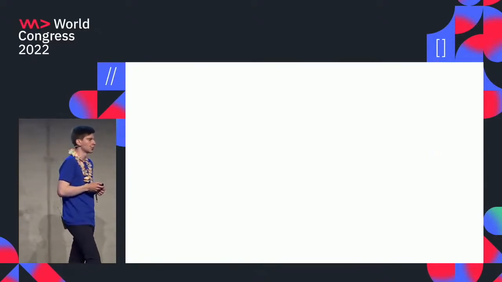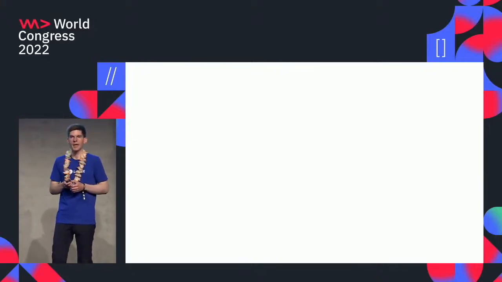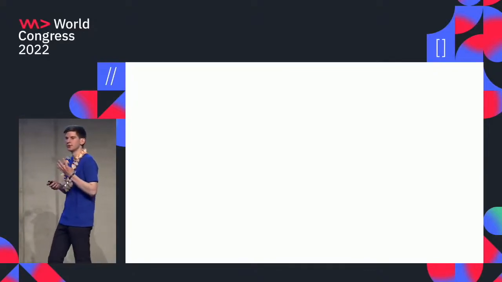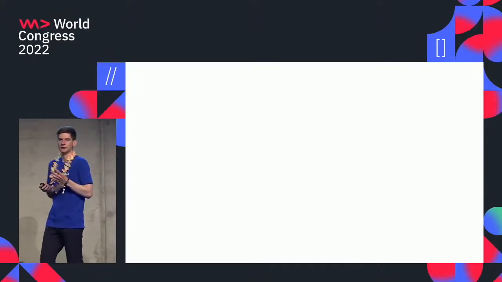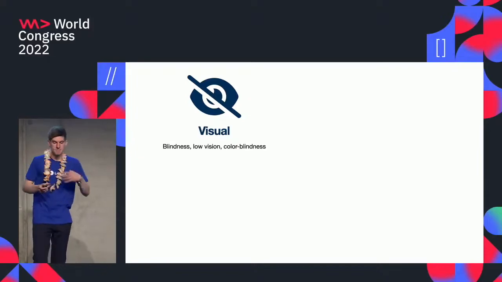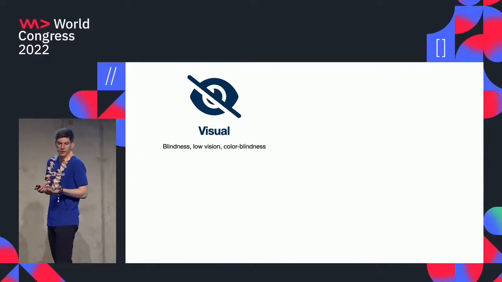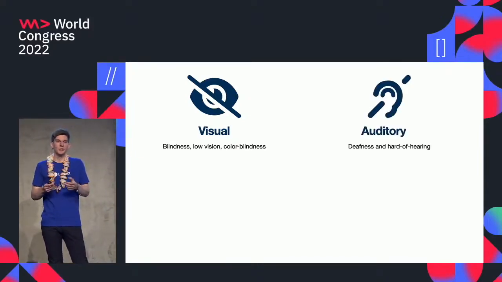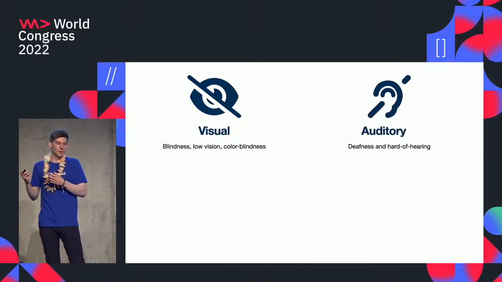There's a nonprofit organization that focuses on web accessibility. It's called WebAIM, and they differentiate four categories of disabilities. There's visual disabilities, like low vision, blindness, color blindness. There's hearing disabilities.